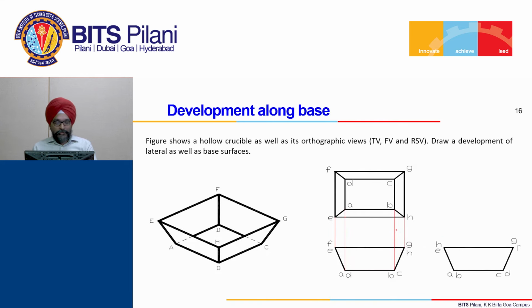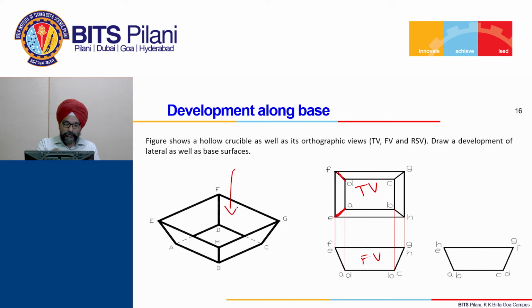Okay. Now for the pyramid, the frustum of the pyramid, again we will take up. It is constructed from sheet metal. Let us say it is a crucible constructed from sheet metal, and here the front view is here and the top view is here. This is visible because it is a hollow shape.